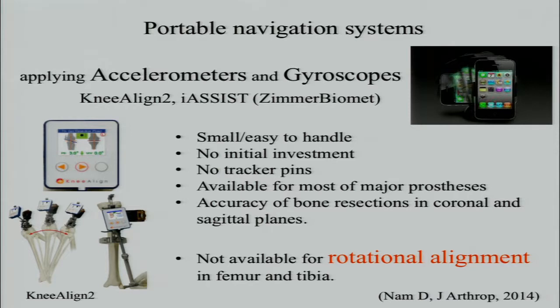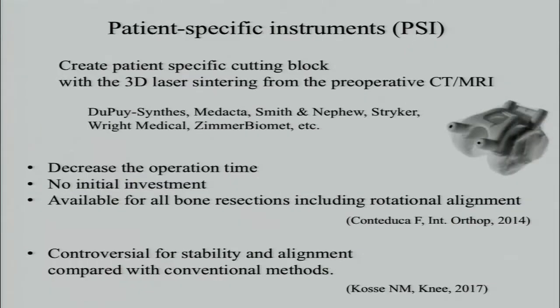Portable navigation systems with accelerometers and gyroscopes are handy and cheap, and can also obtain accurate coronal and sagittal alignments, but they are not available for axial alignment. PSI are available for all bone resection, including rotational alignment, but they are still controversial for stability and alignment compared with the conventional method.